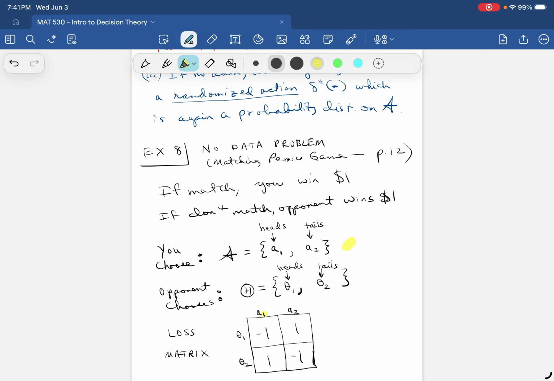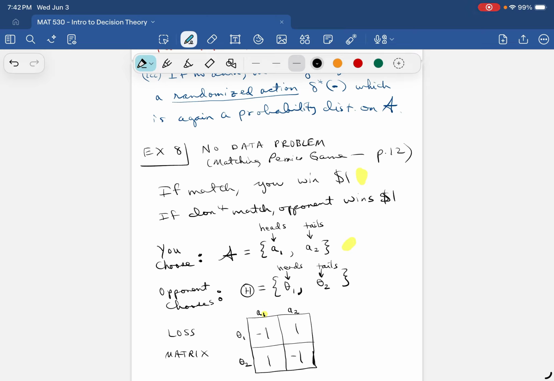So let's think about this. If you choose heads and the opponent chooses heads, then that means they match and you win $1. So that means your loss is negative. Remember, as the textbook says, statisticians look at things sort of pessimistically.